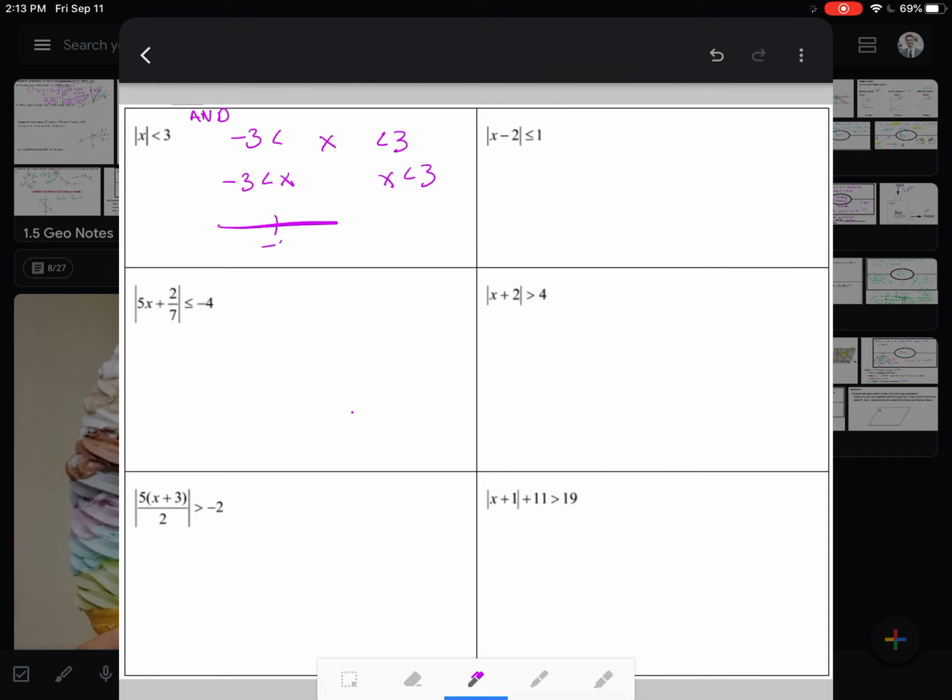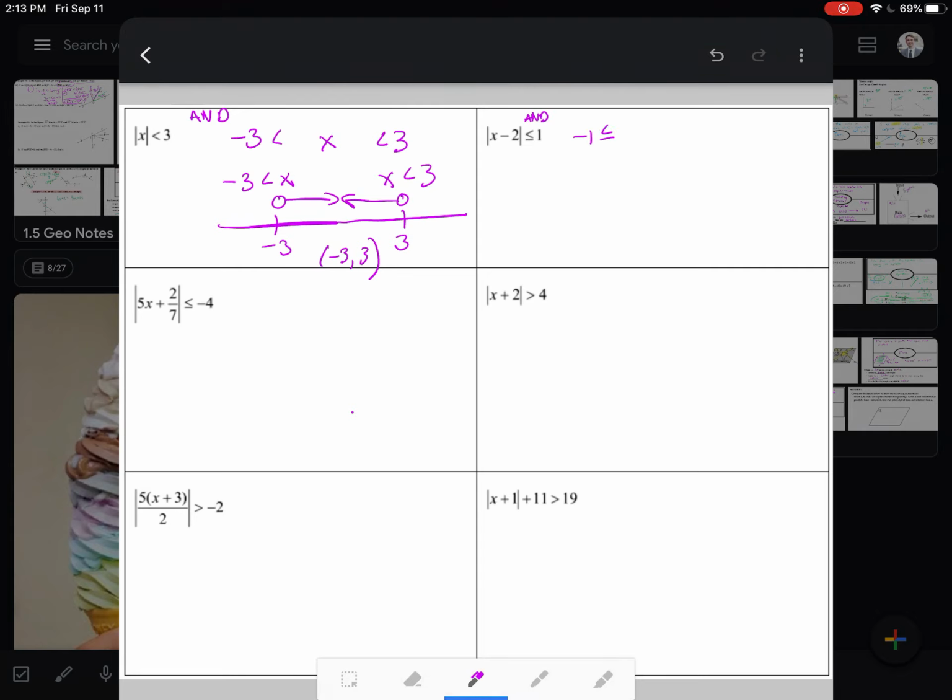So graphing these, starting off at -3, x is greater, and let's extend this number line to 3, which x is less than. So our solution is actually the interval from -3 to 3. And we're going to see that is where our absolute value lies. So the same thing would fly here. That's another and inequality.